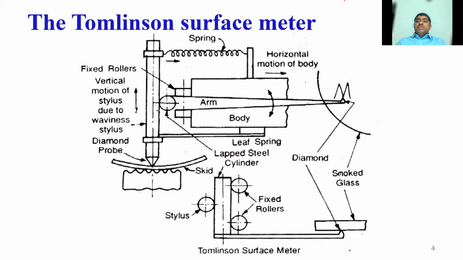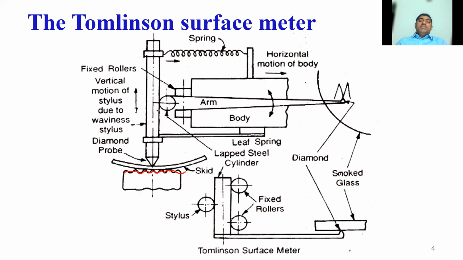So this is the Tomlinson surface meter. This is the surface which is to be inspected. This is the diamond probe, and this is supported by a lapped cylinder, and also by a spring. There is a coil spring, and there is a leaf spring, right? The diamond stylus has a leaf spring which is connected to the body, and there is a coil spring which is also supported at the other end, and there is a roller.